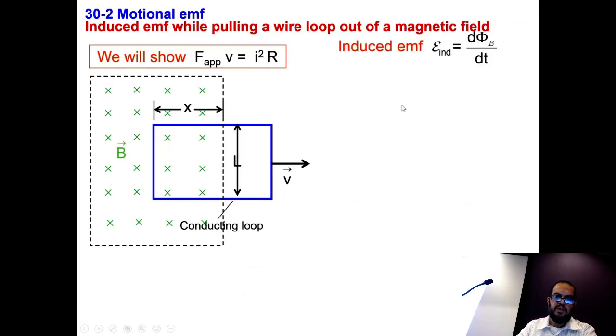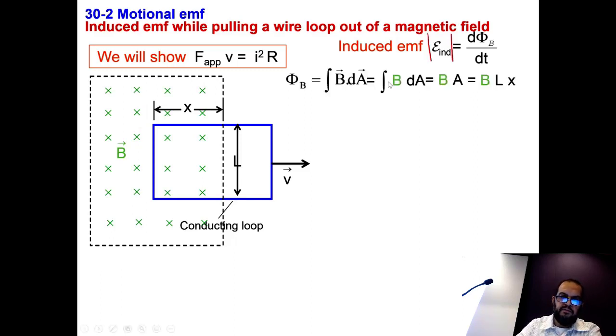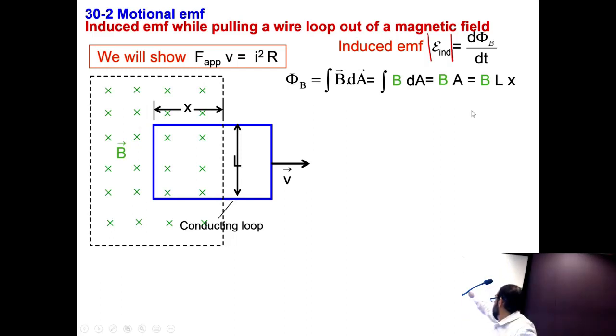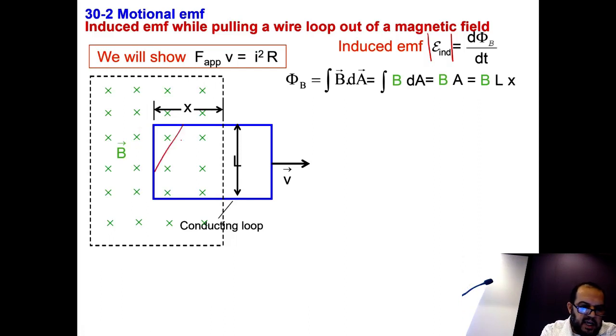We know the induced EMF, it should really be an absolute value here. The flux is the integral of B dotted with dA, so it's equal to B times A, and this is the area here. It's equal to L, which is the height of the loop, times x, which is the width of the loop that is inside the magnetic field.